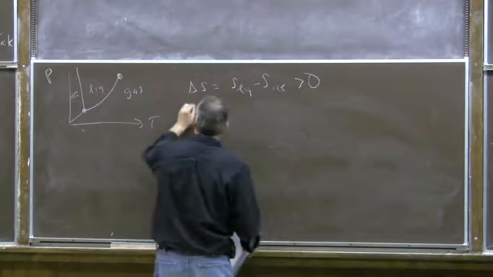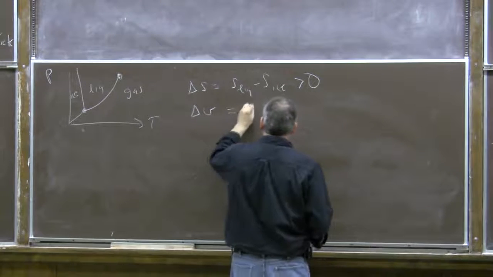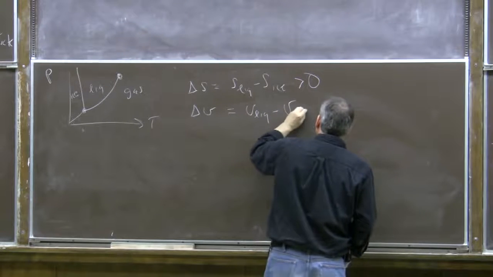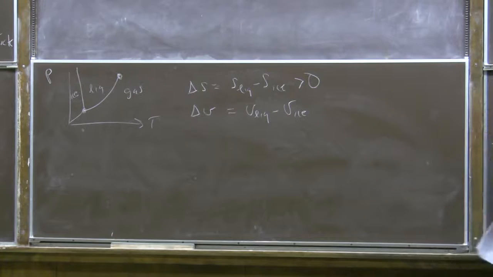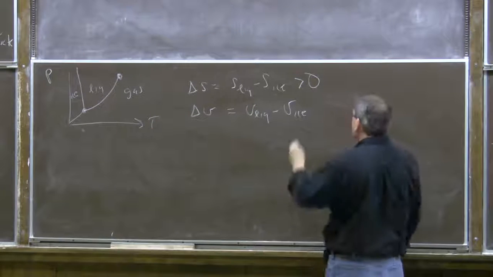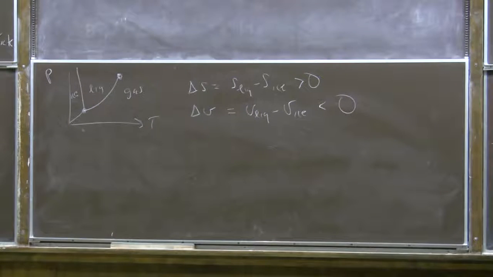And if I consider the volume per particle difference between the liquid and the solid, is that positive or negative? It's negative. How do you know? Water is weird. Water expands when it freezes. Right, so it's actually negative. You'd know that if you saw Titanic, right?